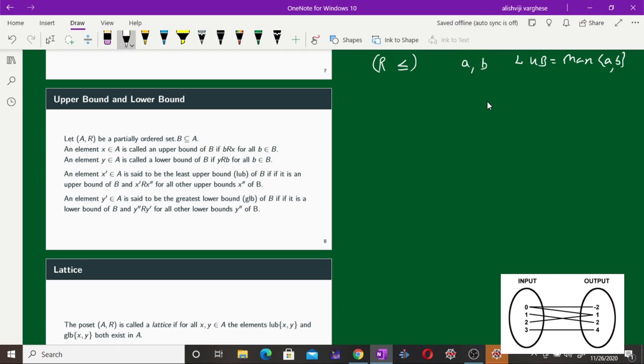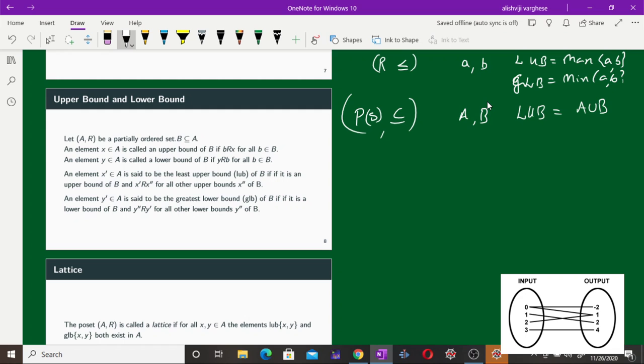And the greatest lower bound is nothing but the minimum of a and b. And if we consider the set of all subsets of S with the subset relation, then if we consider two elements from the power set of S, the least upper bound is nothing but A union B.